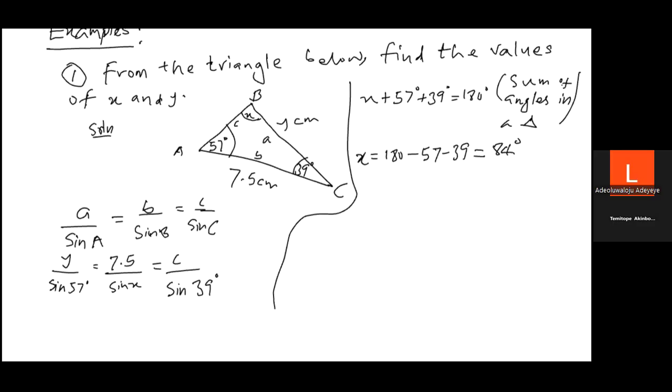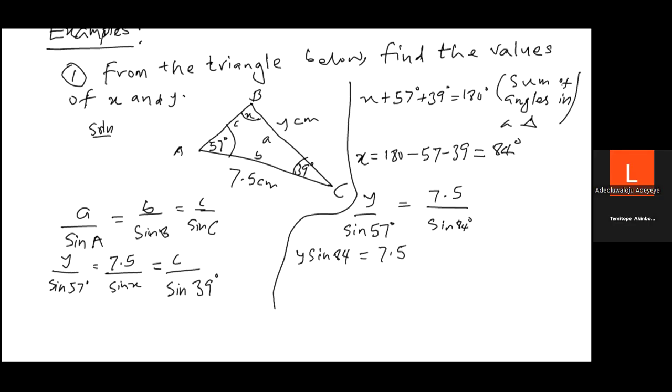So I can now combine the first two. y over sine 57 equals 7.5 over sine x, and x is 84. With this, I can determine the value of y. If you cross multiply, you have y sine 84 equals 7.5 sine 57.